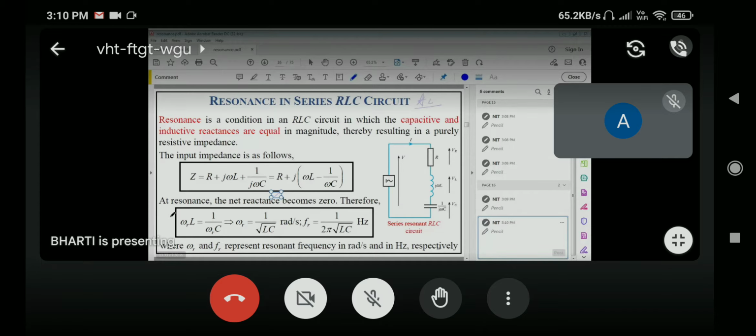Or we can say omega R is the resonant frequency at the resonant condition. That is, omega R L is equal to 1 by omega R C. That means the resonant frequency omega R, which we need to calculate, is equal to 1 by under root of LC. This is a clear expression to everybody.